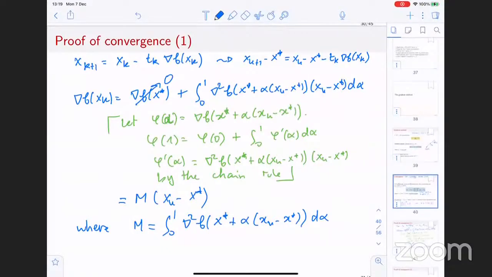You can see that M is an integral of matrices, but that's fine. It's the integral of the individual entries. So M is the integral of these Hessian matrices on the line between x star and x_k.